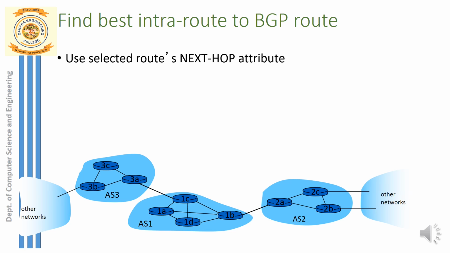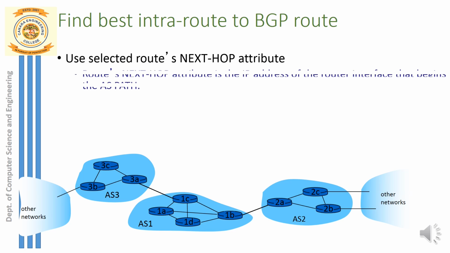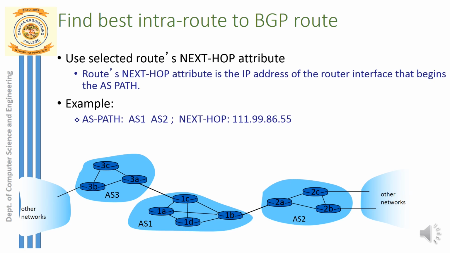As I already said in the previous case, we had multiple AS paths. Suppose I have multiple AS paths to reach the same destination, and both paths have the same length. In that case how to break the tie? That was the problem, right? The solution is we can choose the closest next hop router. What is the meaning of closest next hop router?